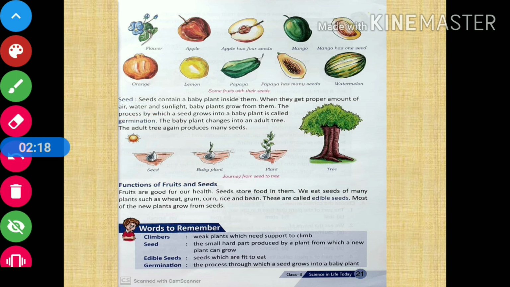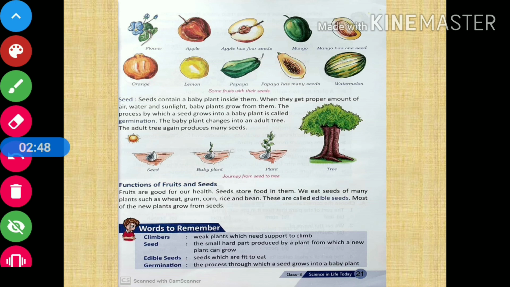This process is called germination. The process by which a seed grows into a baby plant is called germination. As you can see in this picture, the journey of a seed to a tree.